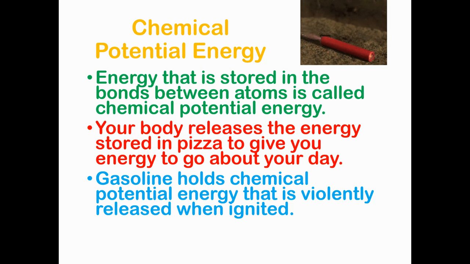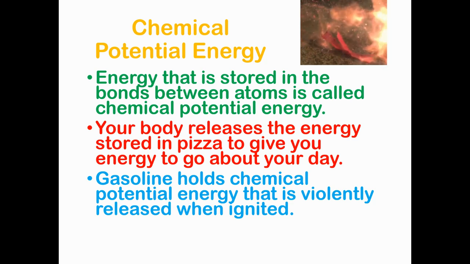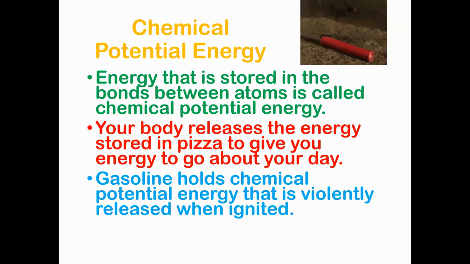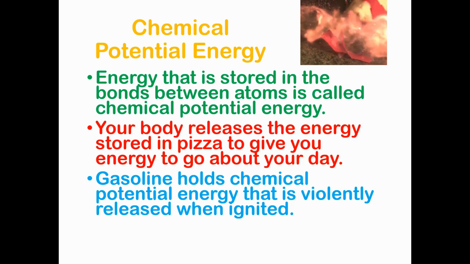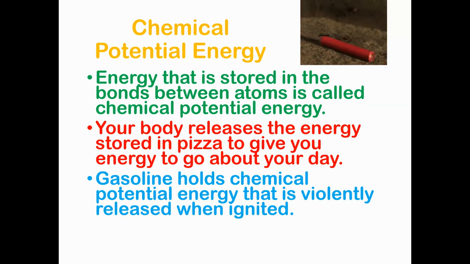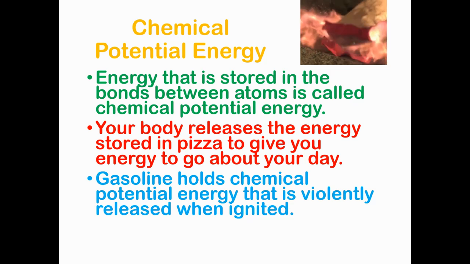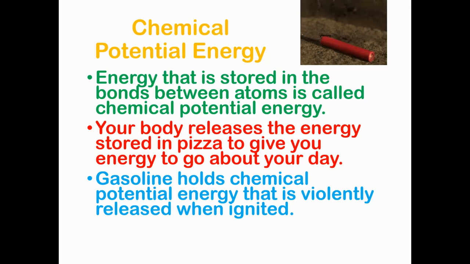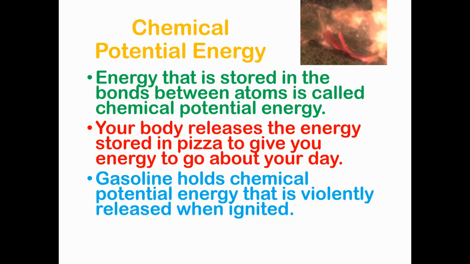Gasoline holds chemical potential energy that is violently released when it's ignited. Gasoline can be converted into very useful forms of energy, such as putting it into a car and transporting that car from one side of the city to the other side of the city.